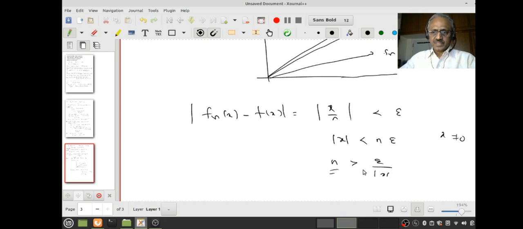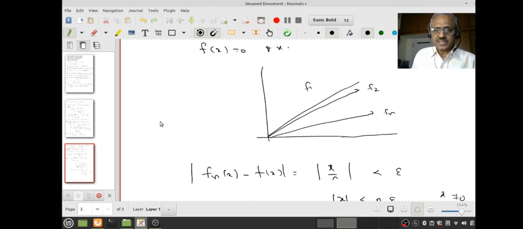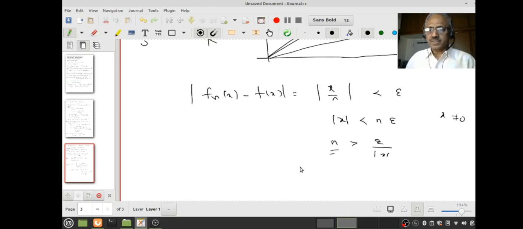Because I try to estimate, I may be incompetent, I may not be able to look at the correct estimate, so I may simply say it's not uniformly convergent. For example, as I said earlier, suppose my x lies only from 0 to r, then you will see my n must be greater than epsilon by r.